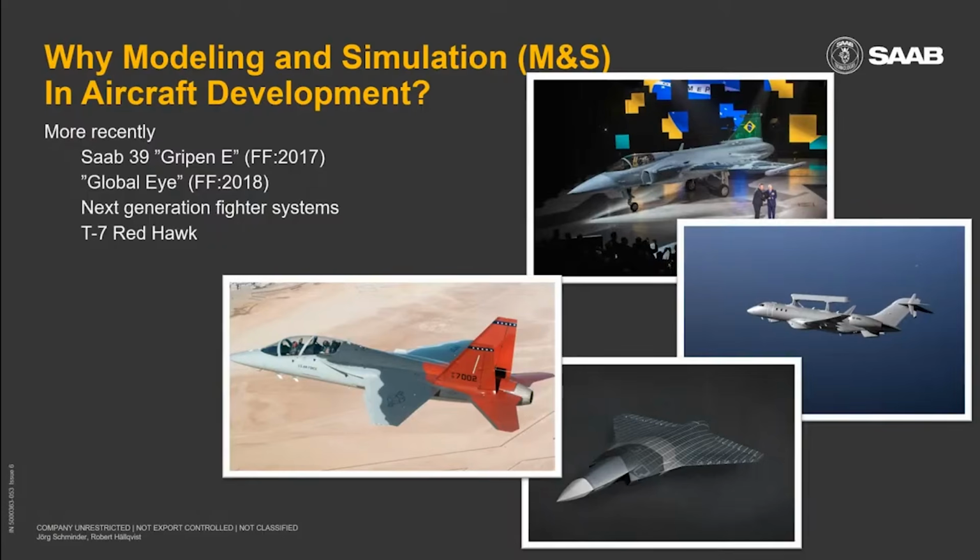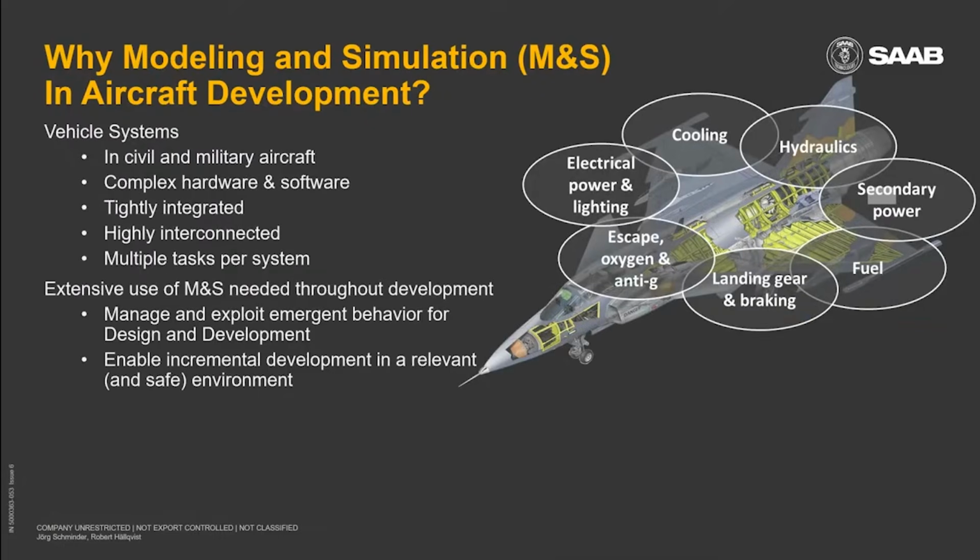Before pointing out what has become different, just using general vehicle systems as an example. These general vehicle systems, of which both I and Jörg work with, are aircraft subsystems that exist in both military and civil aircraft.